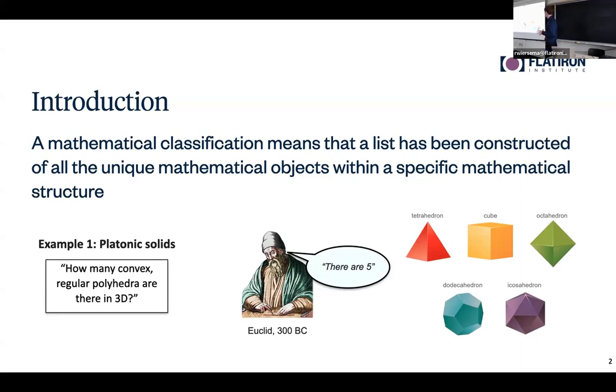He exhaustively proved that these 5 objects are the only convex regular polyhedra in 3 dimensions. This is a very powerful statement because you've basically drawn a circle around a piece of mathematics and shown that this is the only thing that can exist within it.